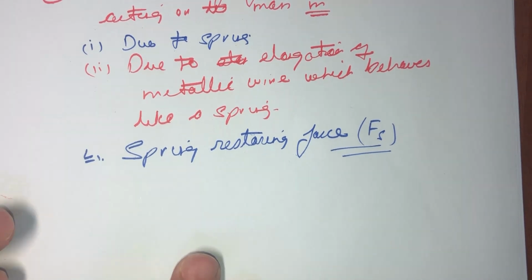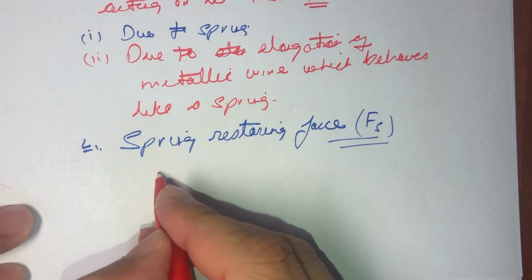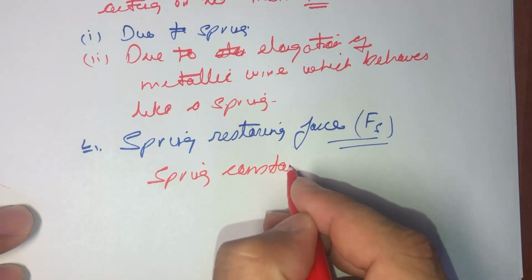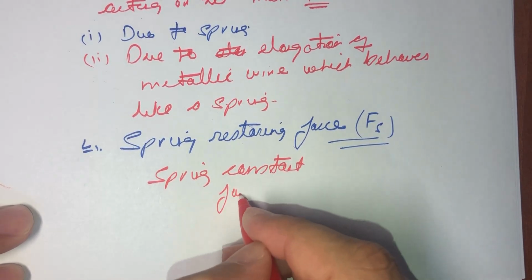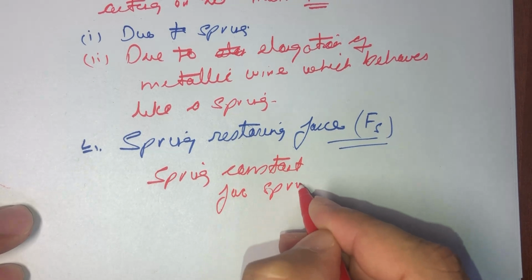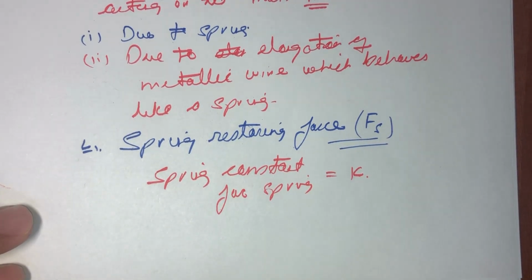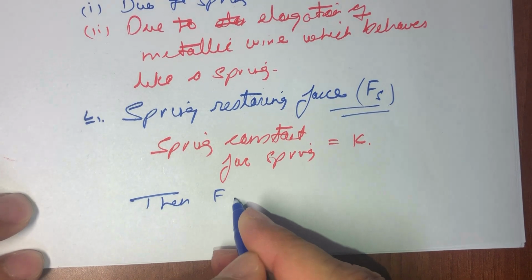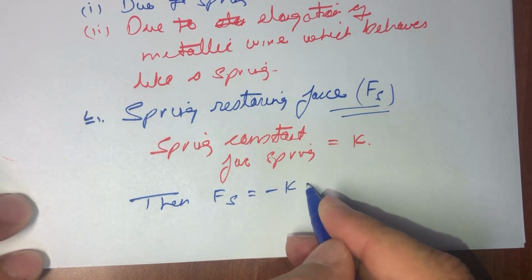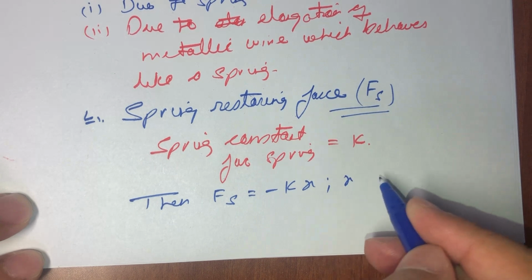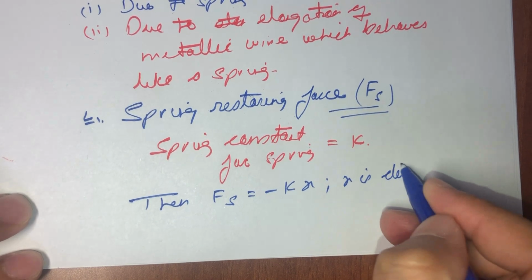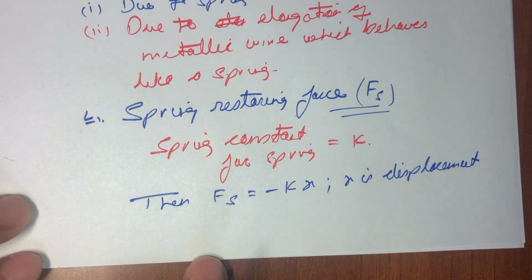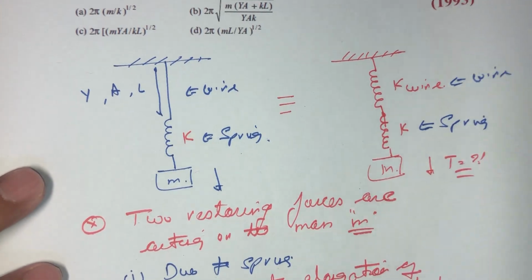The spring constant for the spring is equal to K. Then the restoring force Fs will be equal to minus K into X, where X is the displacement. So this is the restoring force because of the spring.